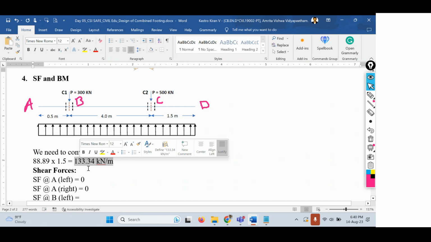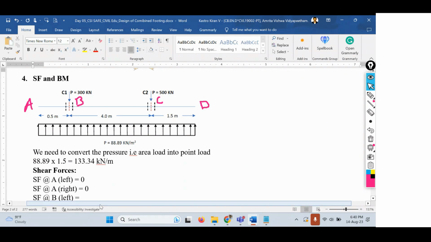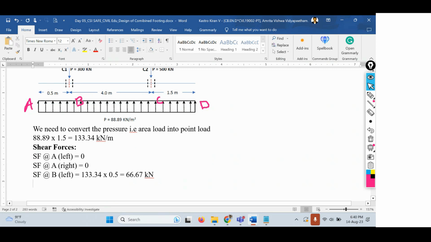So 133.34 is the upward soil pressure, into this distance. I'm calculating the shear forces from left side to right side. So 133.34 into 0.5, that is the distance. That equals 66.67 kilonewtons. That's the shear force at B on the left side.